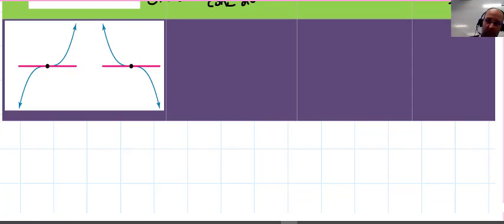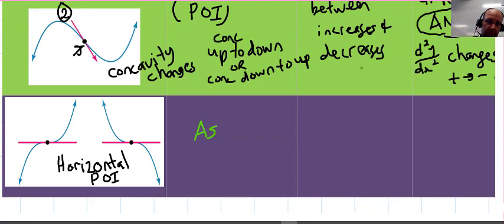The last one is a particular type of point of inflection. This last curve, the horizontal point of inflection, a special case, is as per the one above in green.